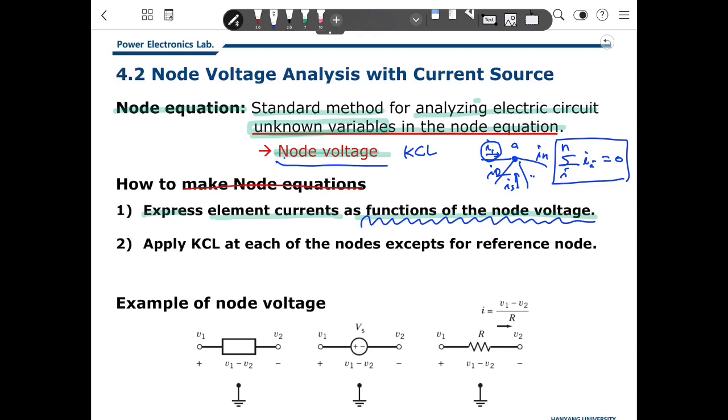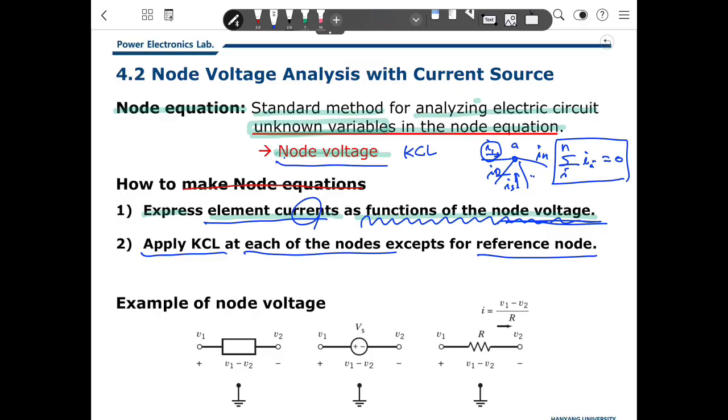Because KCL is a function of the current, you should express the current as node voltages and apply the KCL at each node except the reference node. Then you should know how to express the element current as a function of node voltage. That's very simple.